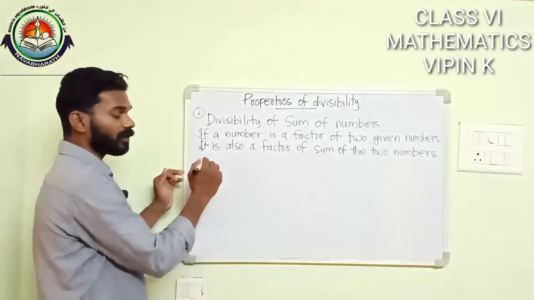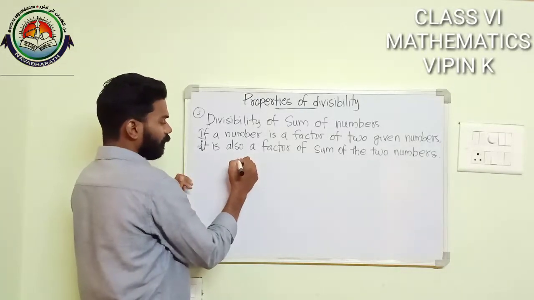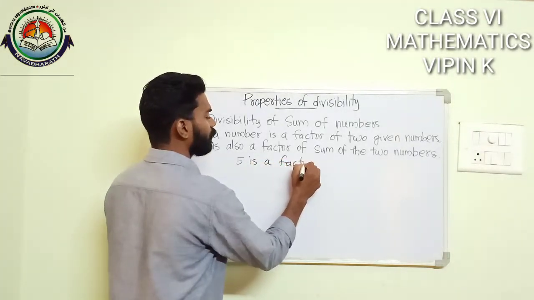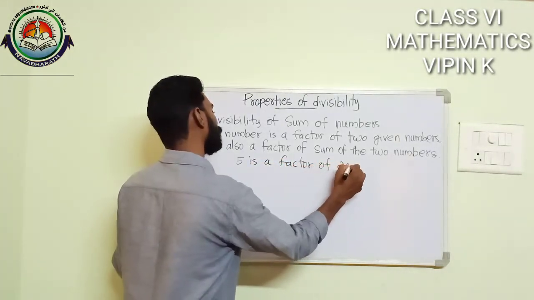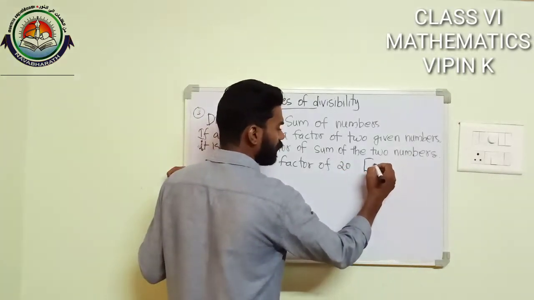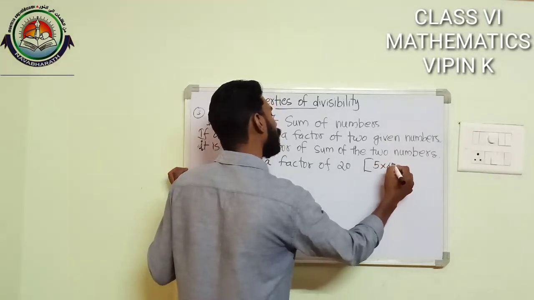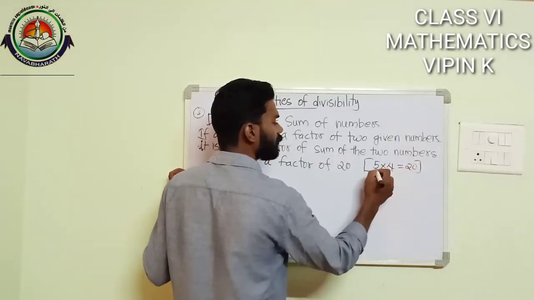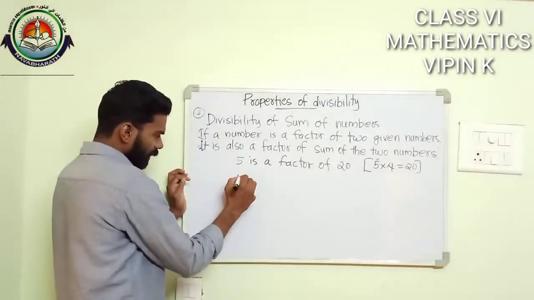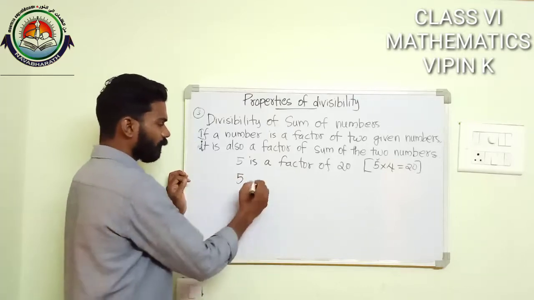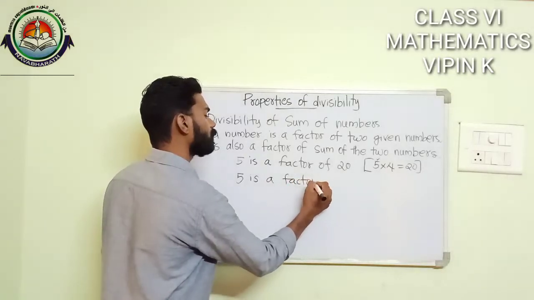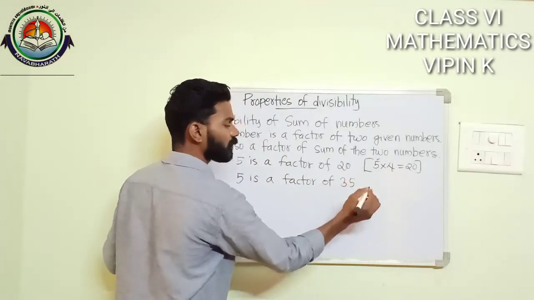Okay, so 5 is a factor of 20. You know that 5 is a factor of 20. Why? Because we can write 5 into 4 equals 20. Now I am taking another example. The same number 5 is a factor of 35 also.